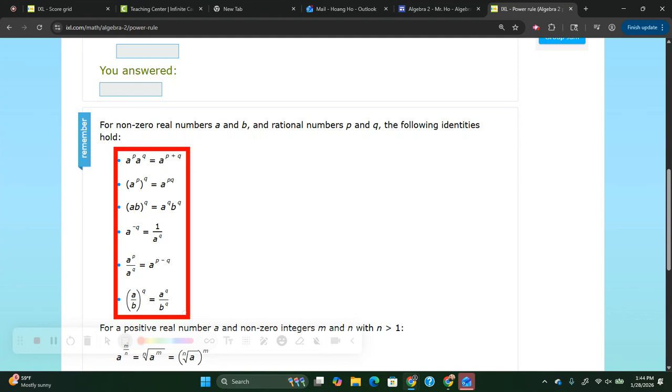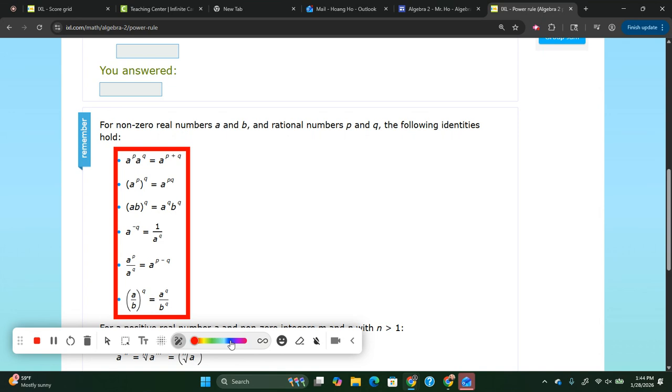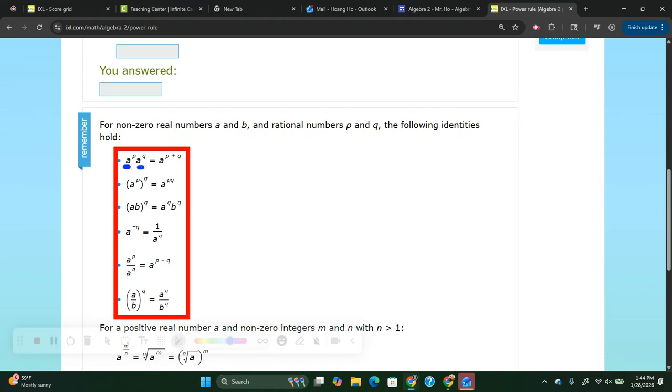If you have two exponential numbers that have the same base a, you can combine together, become a new exponential number with the same base a, but then you add the power together.